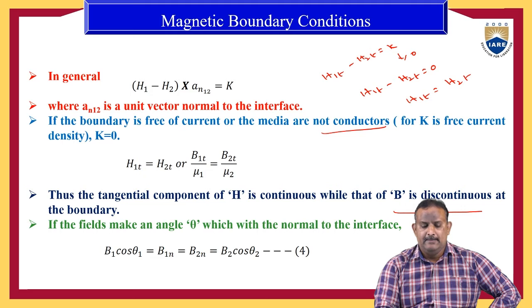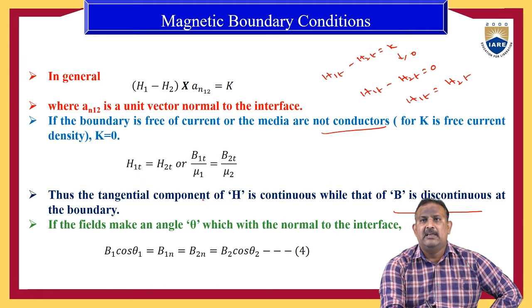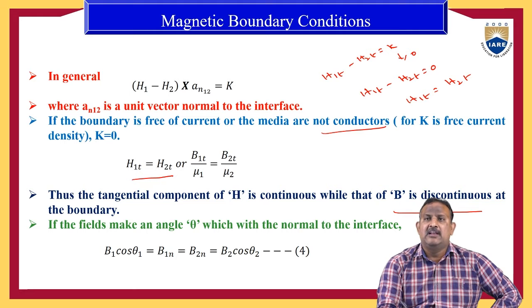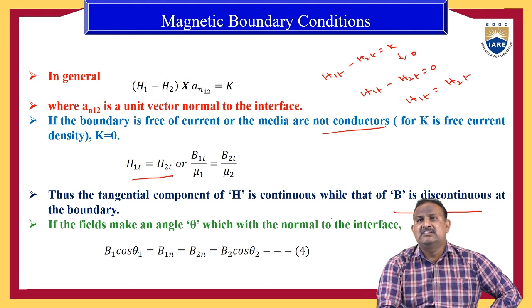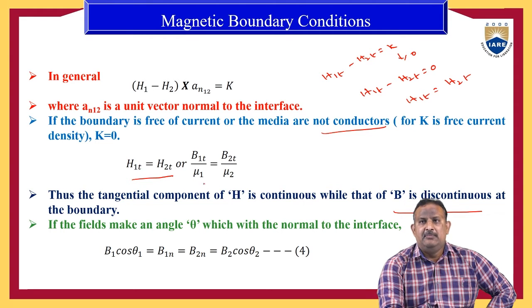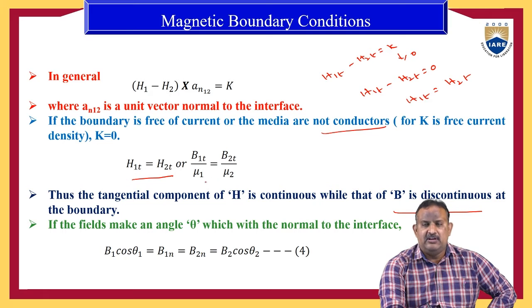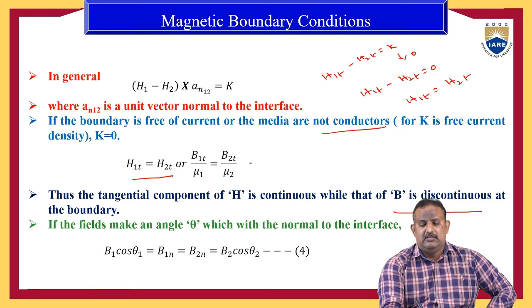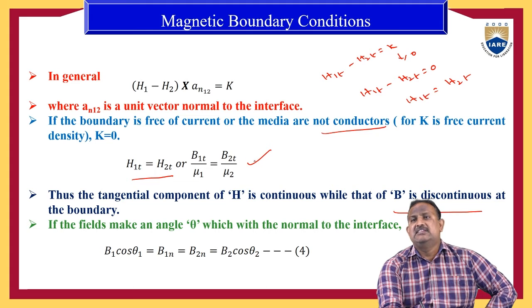For different media, mu1 is not equal to mu2. When mu1 is not equal to mu2, B1t by mu1 is not equal to B2t by mu2. Therefore, the tangential component of magnetic flux density is discontinuous at the boundary.